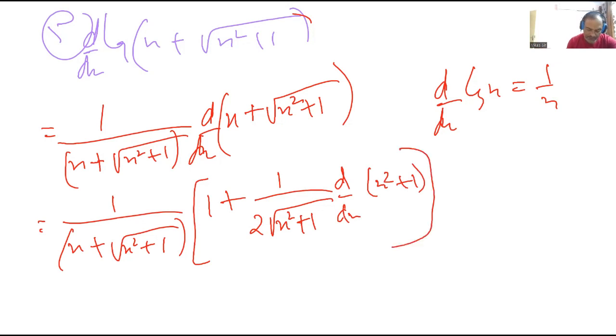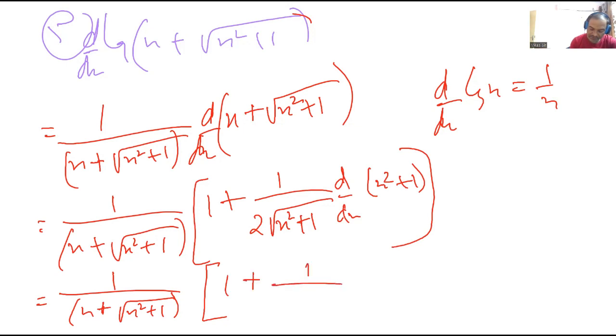Now this whole thing will remain as it is. It will be 1 over x plus under root x squared plus 1. And here, if we differentiate it, this will be like this, 1 over twice under root x squared plus 1. And here, x squared will give you 2x and plus 1 will give you 0. There is no need to differentiate 1 or write down the 0.